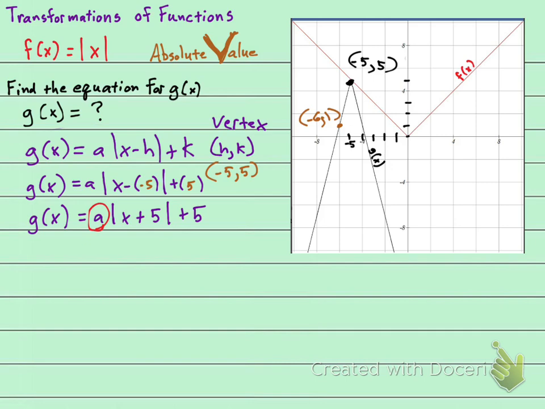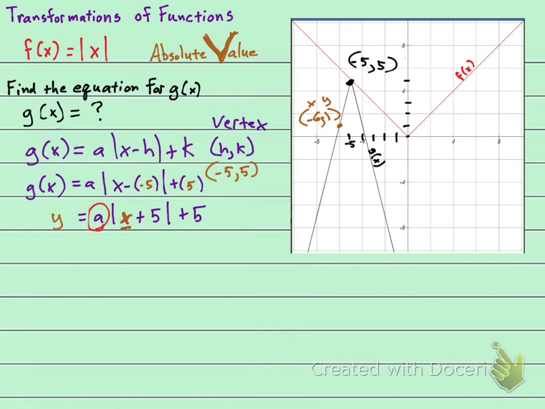So I'm going to plug that point in, (-6, 1). Noting that your -6 is your x and your y is your 1. If I plug that in here and here, this is actually y. The g of x is the same thing as y. So if I plug it in here and here, I'll be able to solve for a, and then I'll have my equation. So let's do that now.